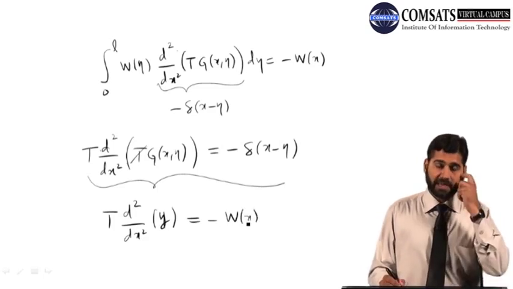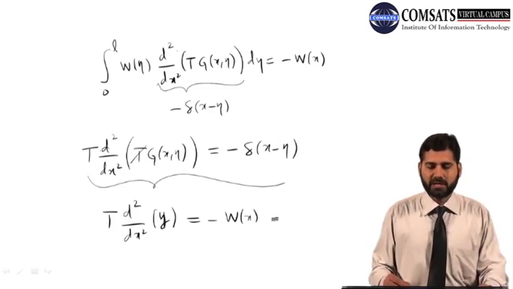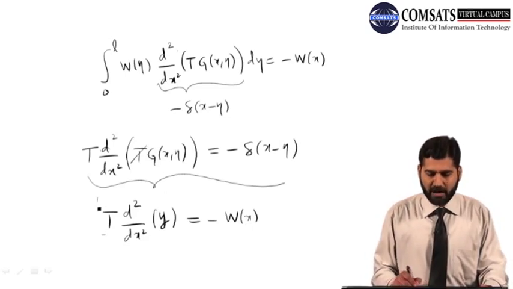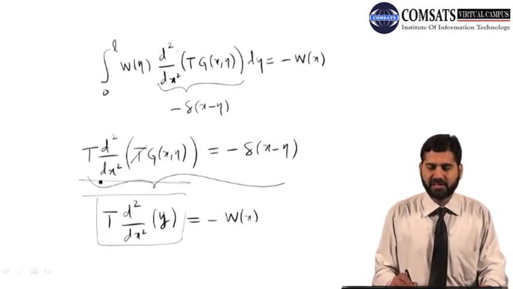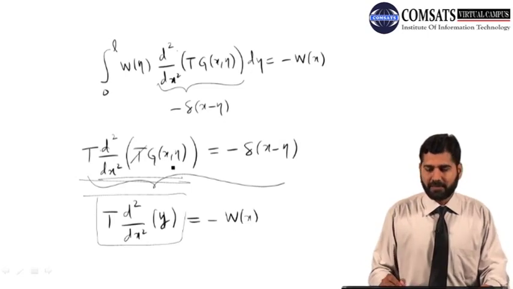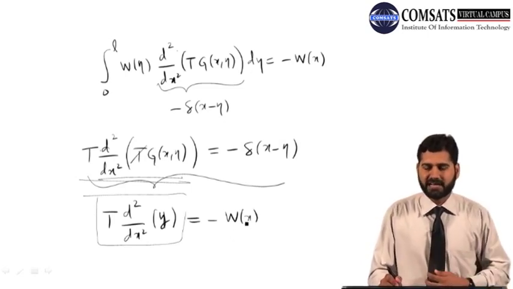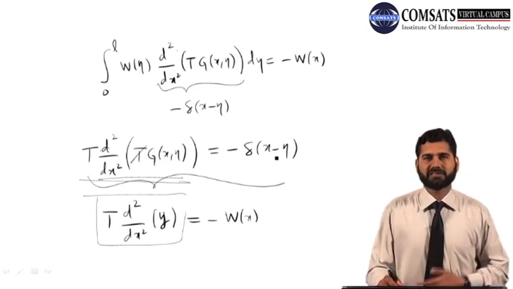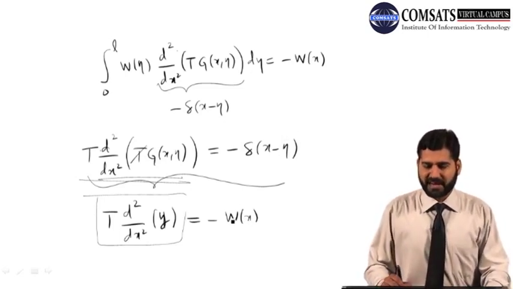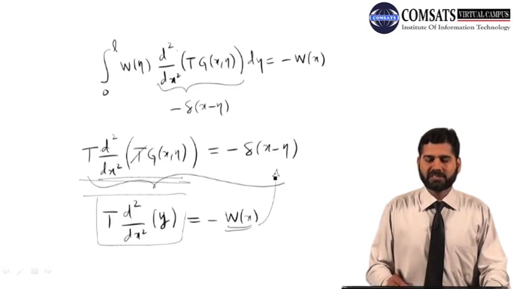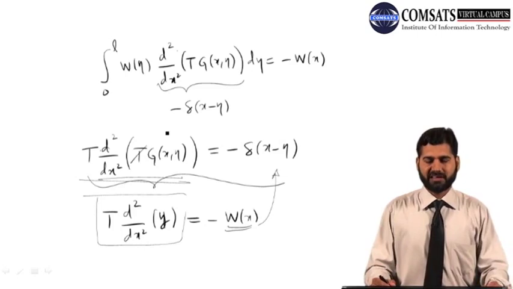So what we do is, if we are solving a differential equation, we can use the same operator. The left hand side is the same, only y is replaced by G. But the right hand side, if you have any function on the right hand side, replace it with the delta function. If you replace the right hand side with this delta function, the solution gives you the Green's function basically. That's how we get the Green's function.